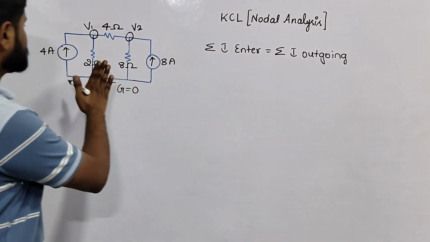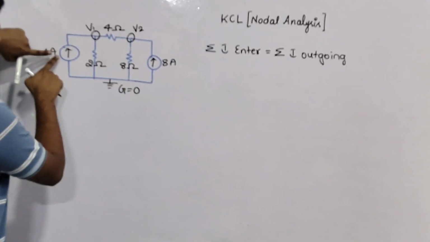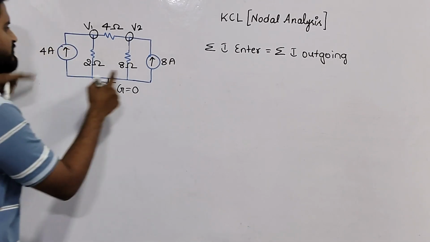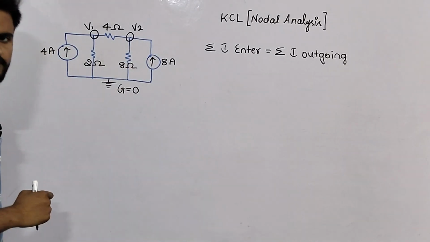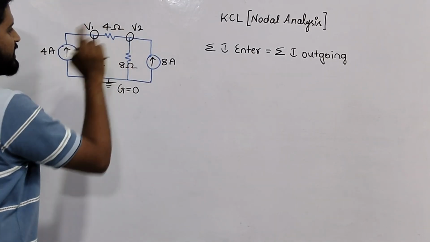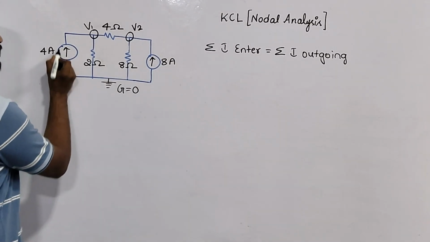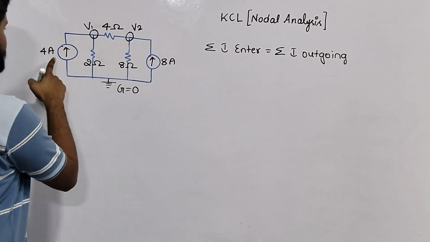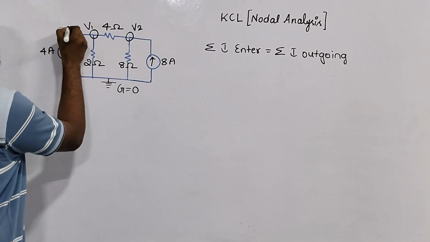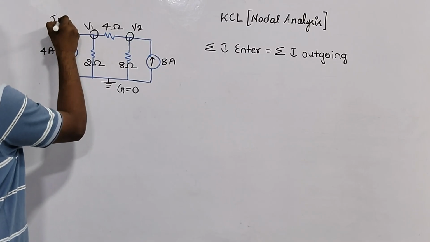Now let's solve this problem. Here, if you see, there is a current source, and here also there is a current source. We must find the voltages V1 and V2. Current will be moving from positive to negative. So in this direction, I will call the current I1.